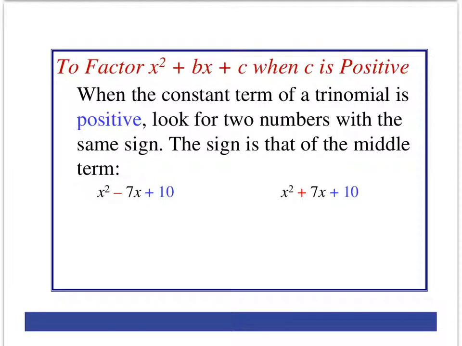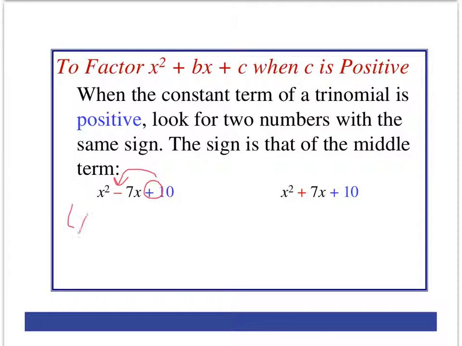So to factor x squared plus bx plus c when c is positive, which is what we did, we look at the sign of b. We look at this sign here, and both factors will have whatever sign that is.